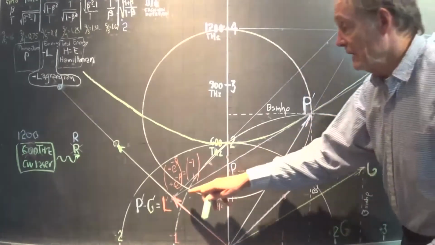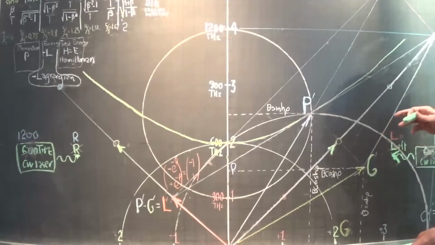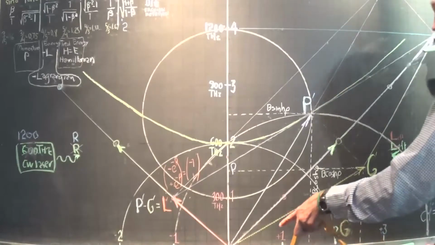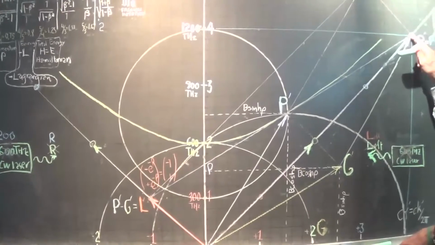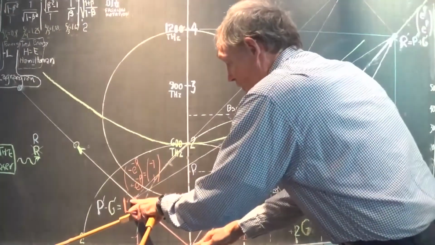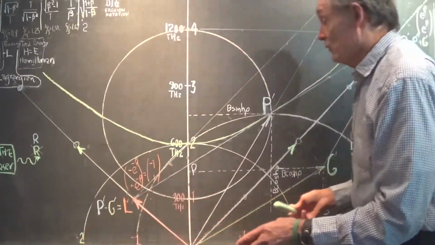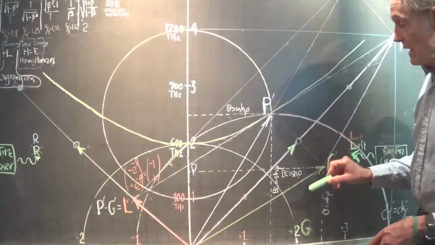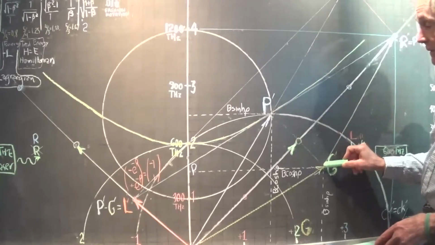This vector right here was half the difference between these two vectors, the ultraviolet 1200 terahertz laser line and the infrared 300 terahertz laser line right here. Half the sum of those vectors is basically what we're making with this one and this one right here. That, I'm sorry, this one right here.